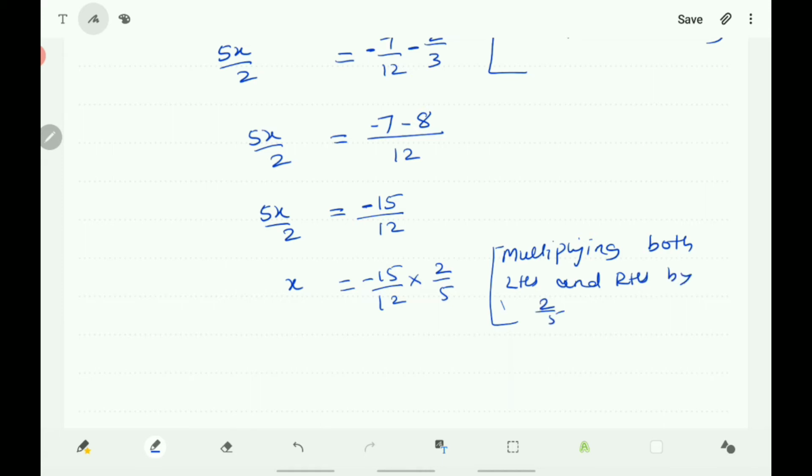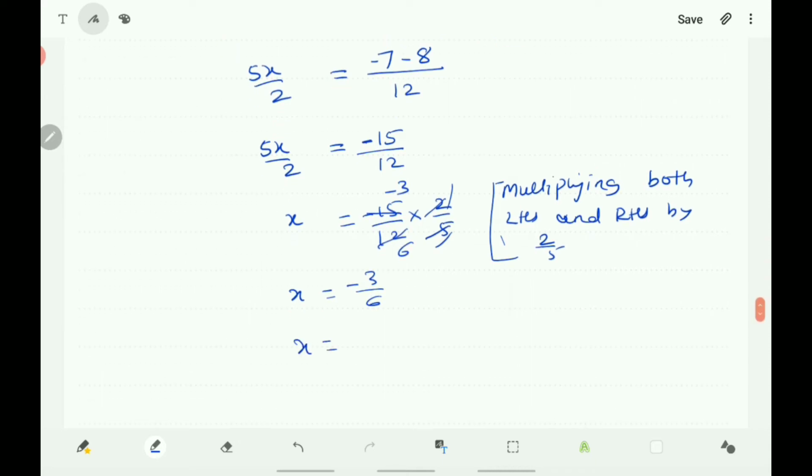You got it? Multiplying both LHS and RHS by 2 by 5. So you got x equals, you know that 5 ones are 5, minus 3 are, then 2 ones are 2, 6 are, you will get minus 3 by 6. Again you can cancel it. X is equals to 3 ones are 3, twos are, minus 1 by 2. X equals minus 1 by 2.